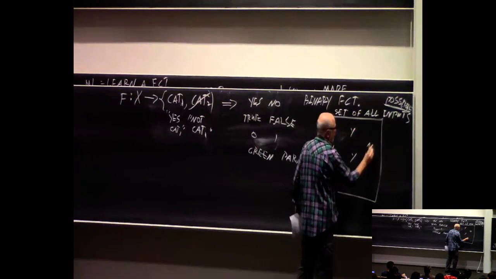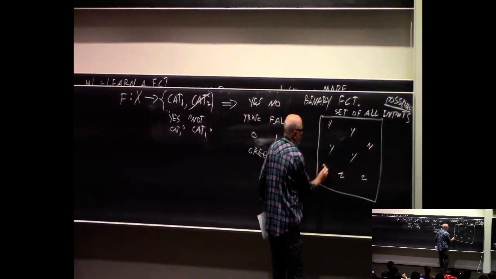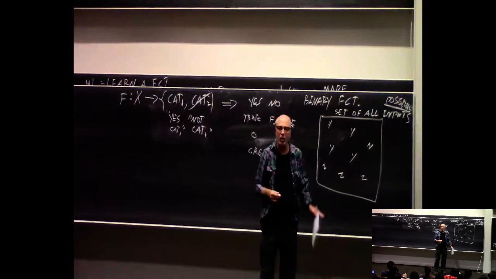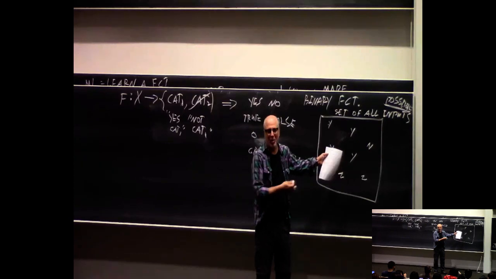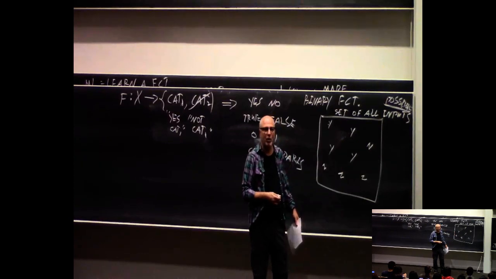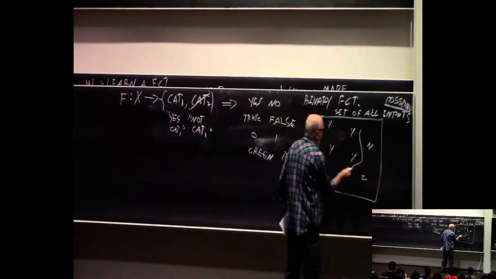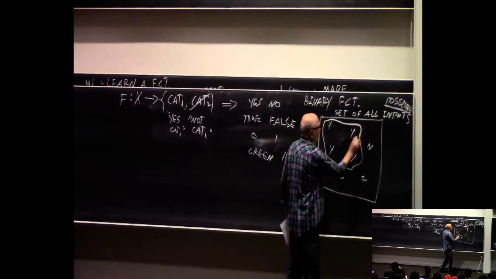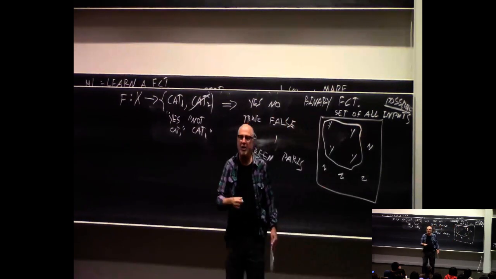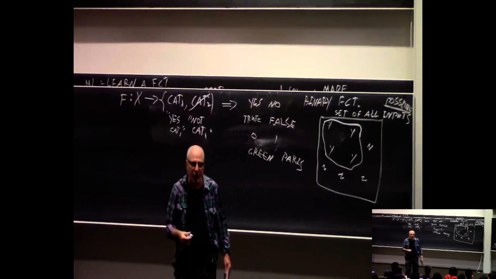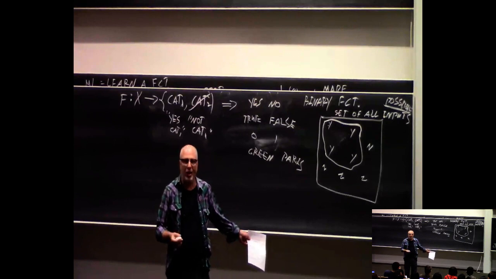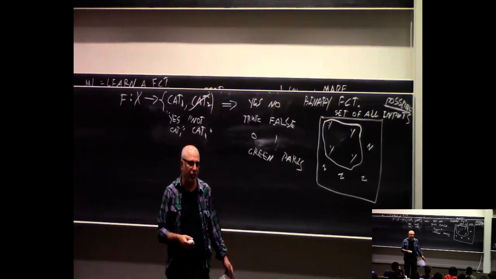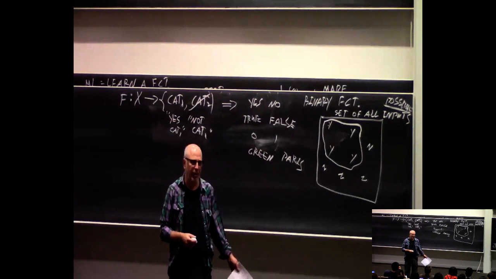If these are all the inputs, and for some of them the answer is yes, and for some of them the answer is no, I can try to cluster together all the ones for which the answer is yes, just by moving them around in this square, because I drew the square, I can put them anywhere I want, and just put a line around them, and say, this is the subset of all possible inputs for which the answer is yes. Learning that subset is the same as learning the binary function. That's kind of trivially true mathematically.